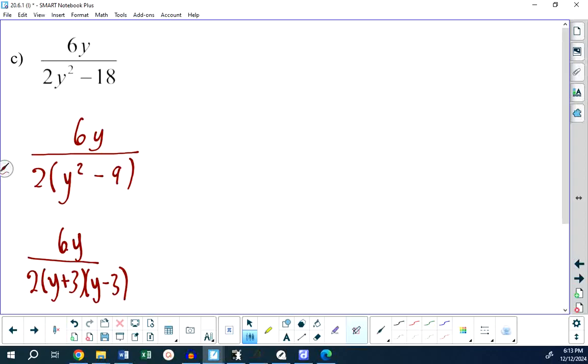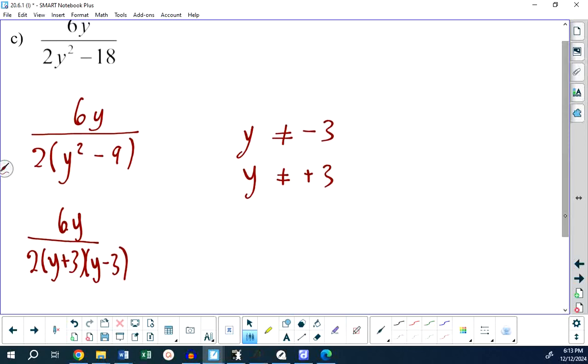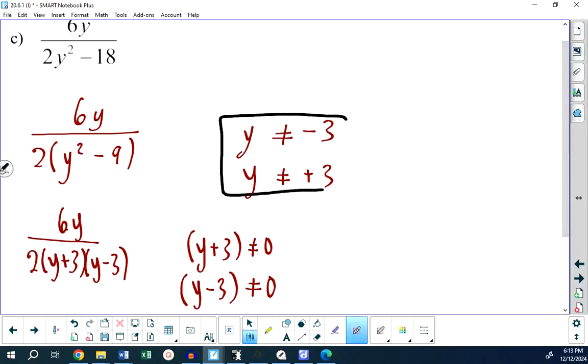I think most of us can look at that and see that y is not allowed to be negative 3 and y is not allowed to be positive 3. I don't think we need to write y plus 3 is not allowed to be 0 and y minus 3 is not allowed to be 0. Those are the non-permissible values for C.